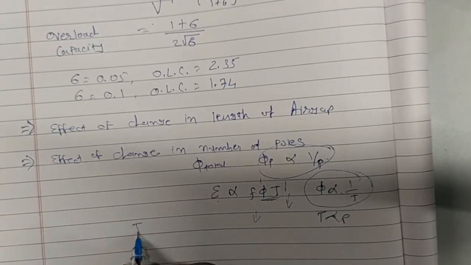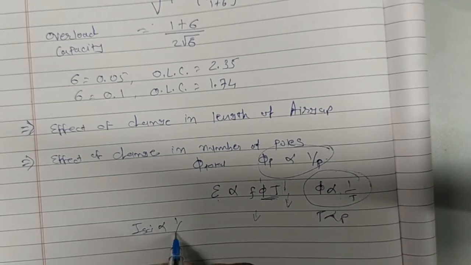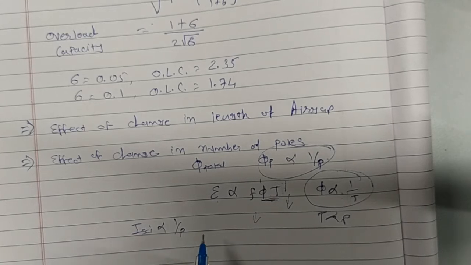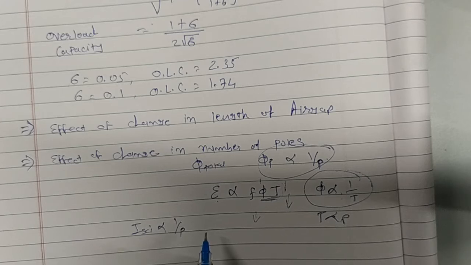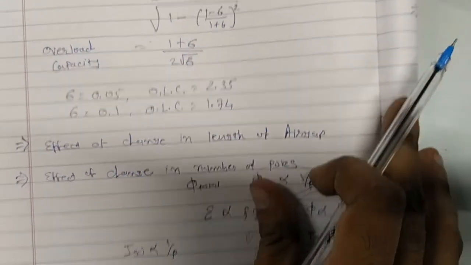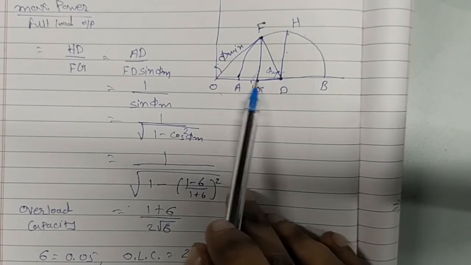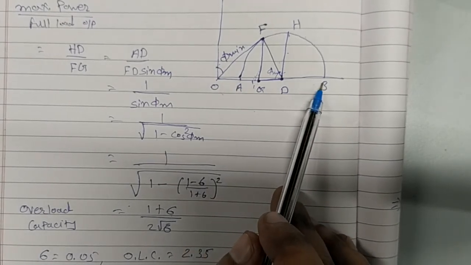Let us say the ideal short circuit current is ISC. It is inversely proportional to the number of poles, and so the diameter of the circle diagram also varies inversely with the number of poles. ISC is proportional to the diameter of the circle.